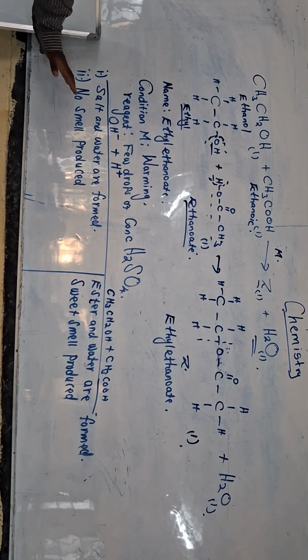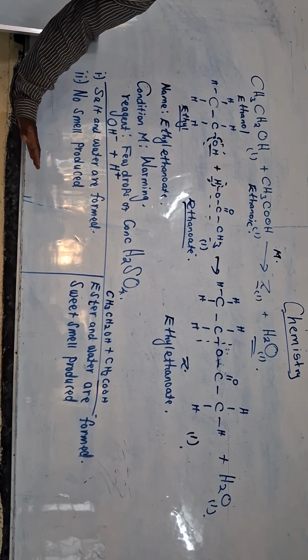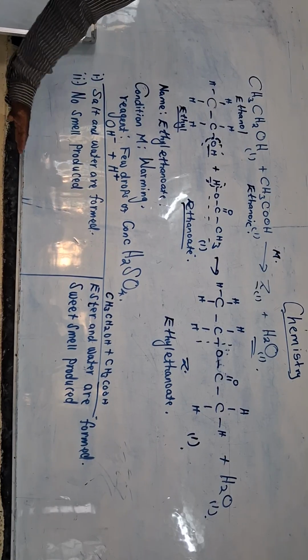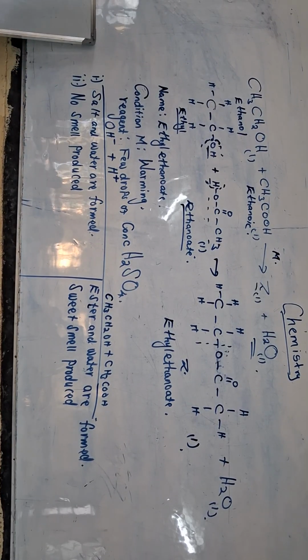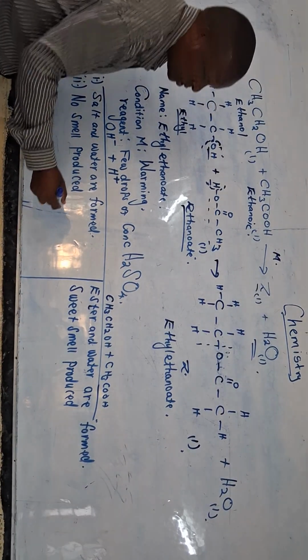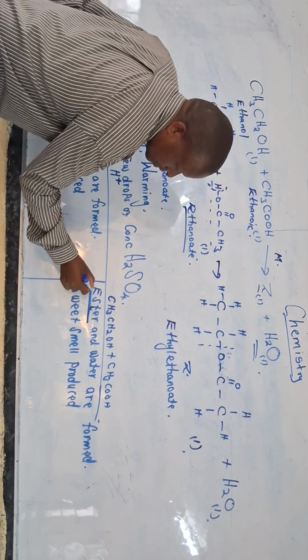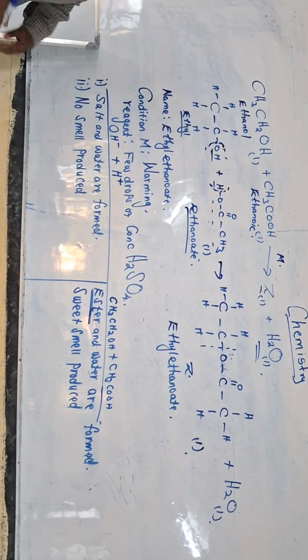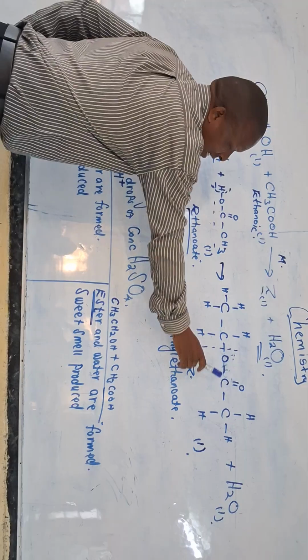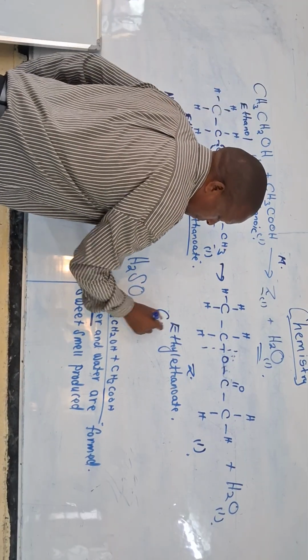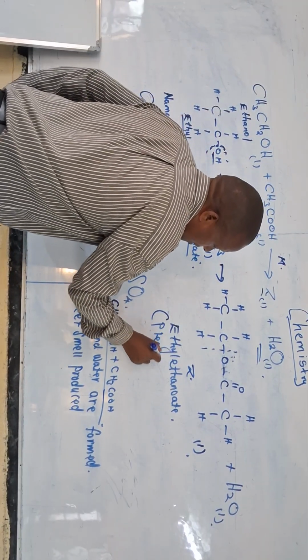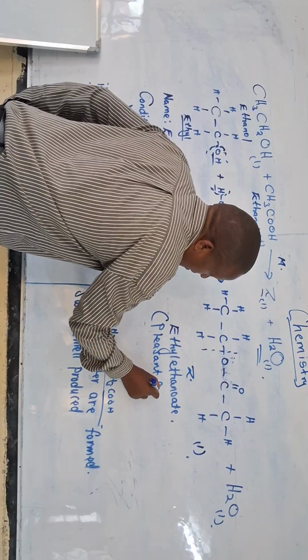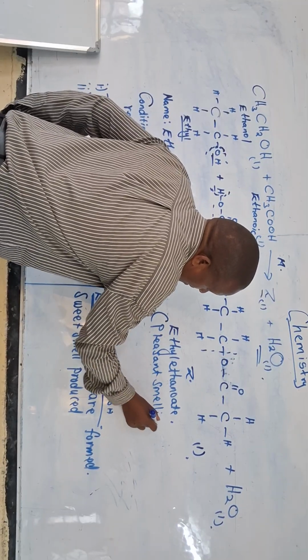Here you talk about no sweet smell produced. Are you together? So the sweet smell is because of what? Production of an ester. And that ester is this one, ethyl ethanoate. So the compound is pleasant smelling.